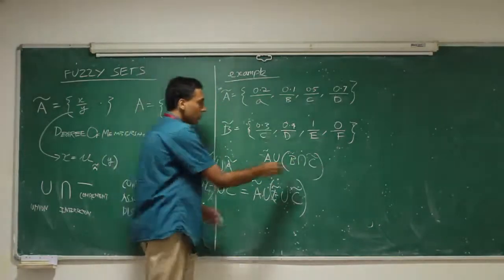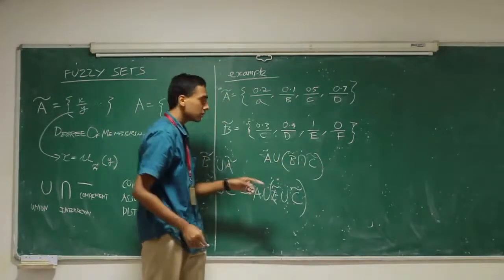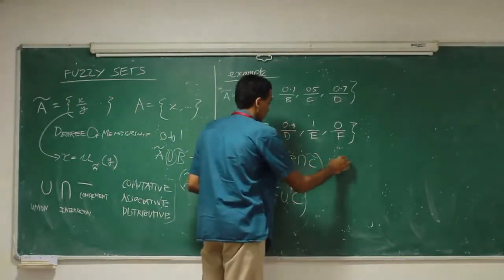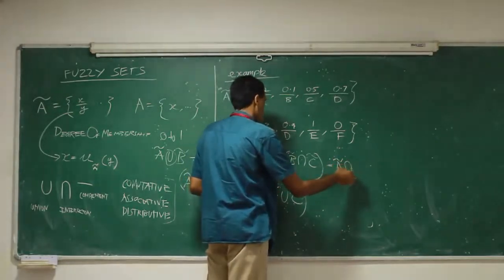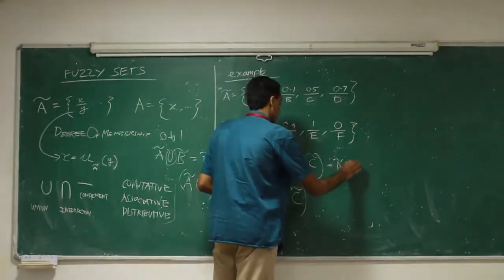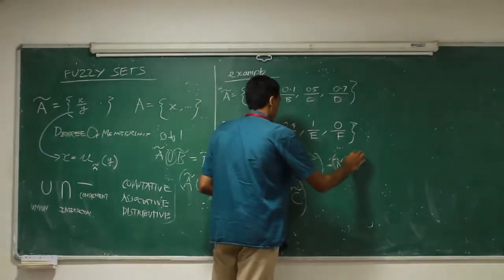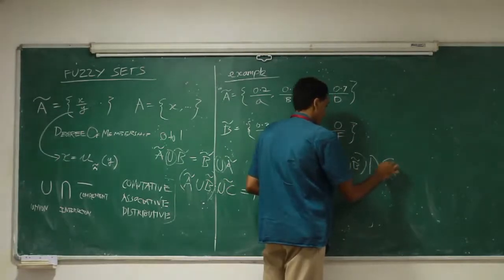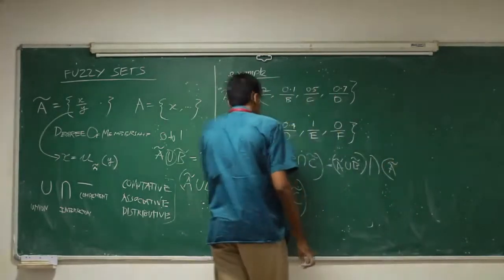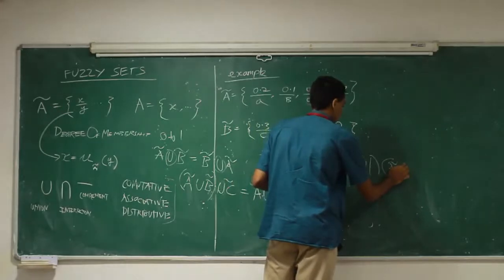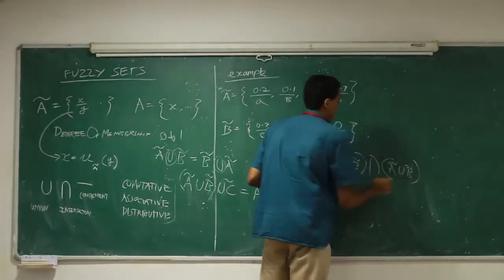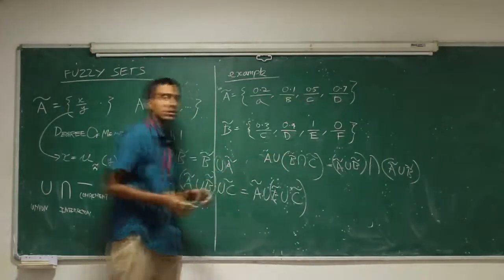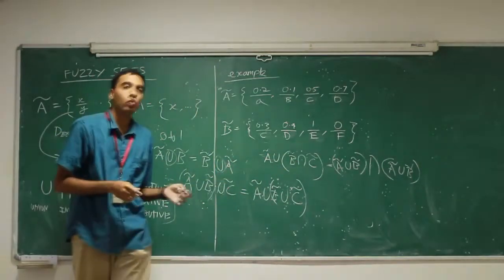So we can distribute union over intersection in this case, and the result is equivalent to, you can replace union with intersection here and the rule still holds.